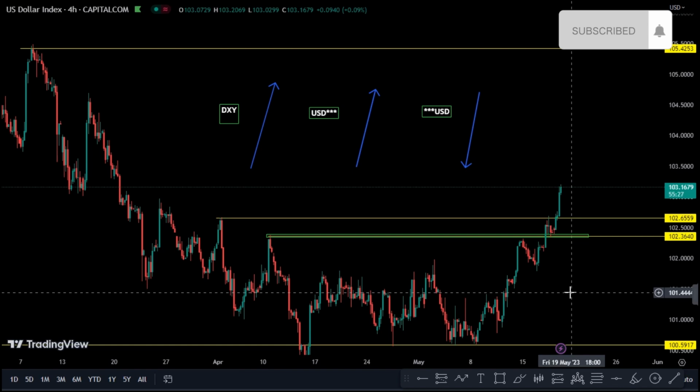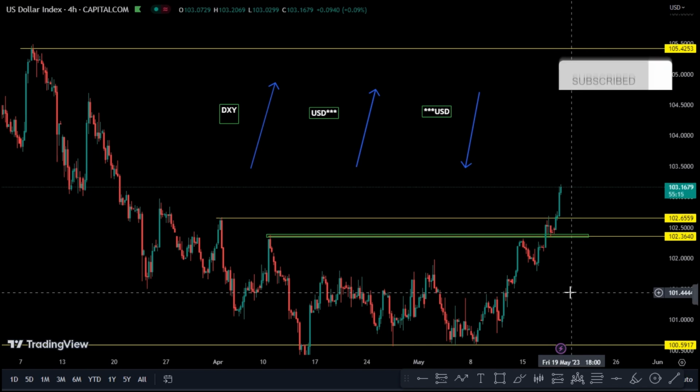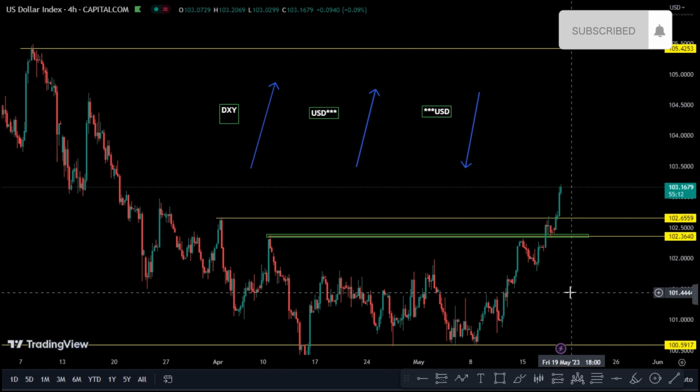Hence, I incorporated the analysis of DXY into the currencies as well.